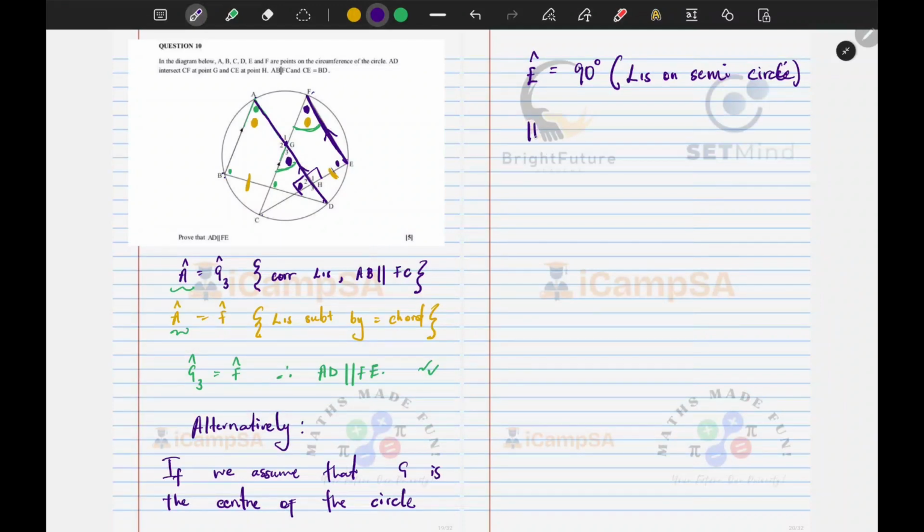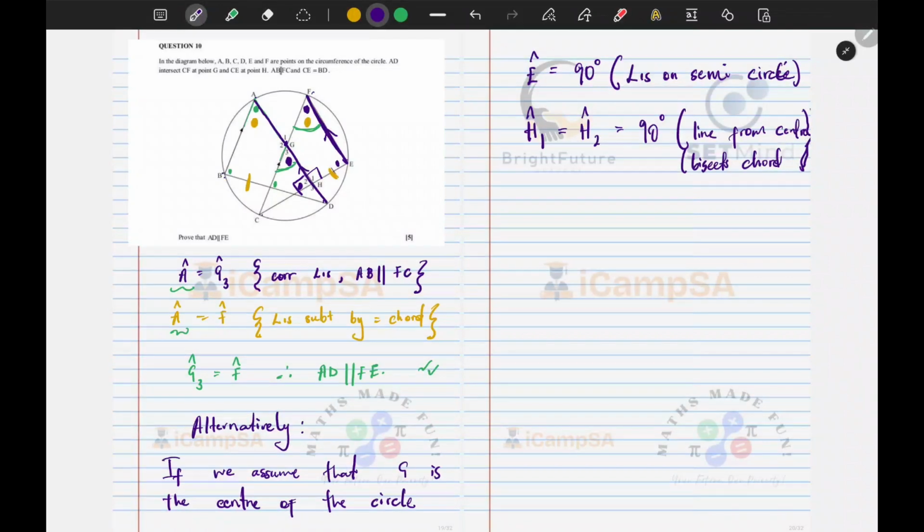So H1 equals H2 equals 90 degrees, and the reason would have been line from center bisects chord.